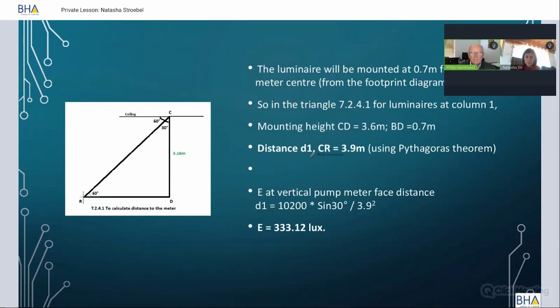Continuing. This is all the words, so you can read this part of it. So you can see on the pump face, we needed to have 150 lux, and we're getting 333 lux.